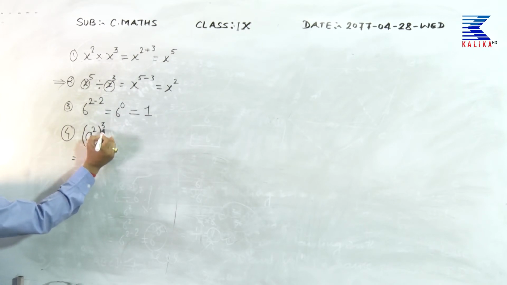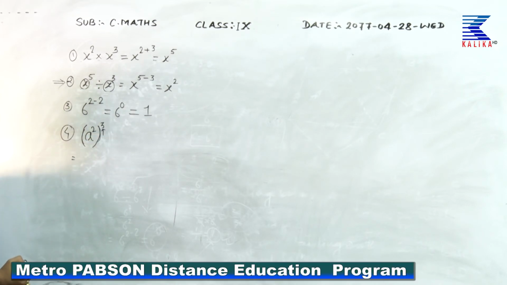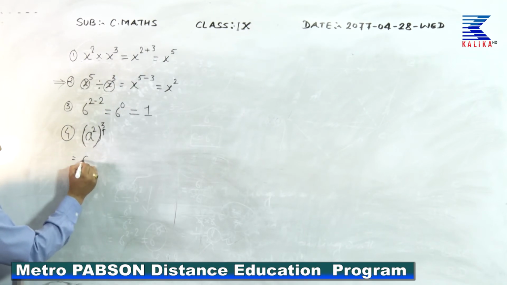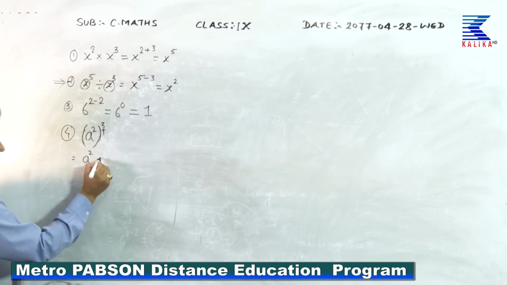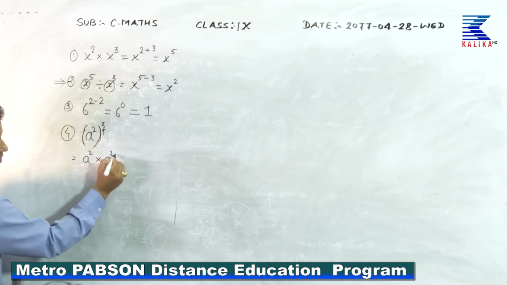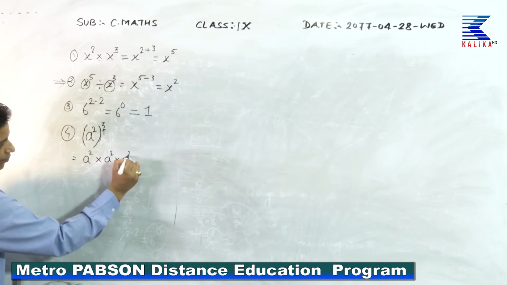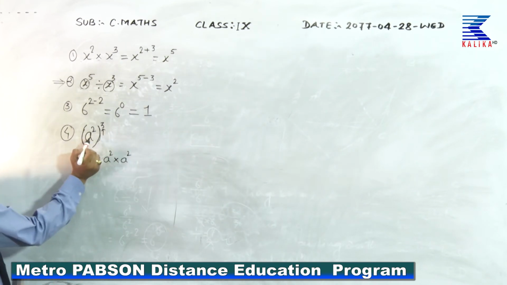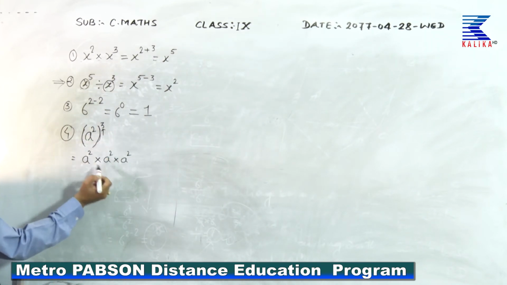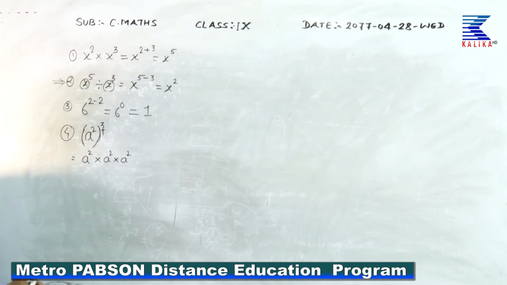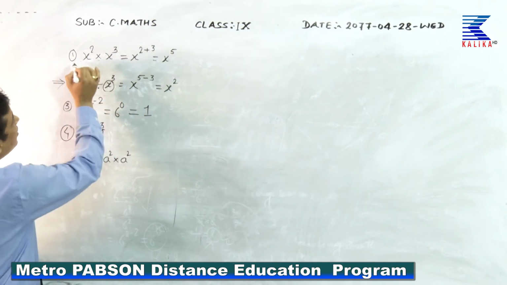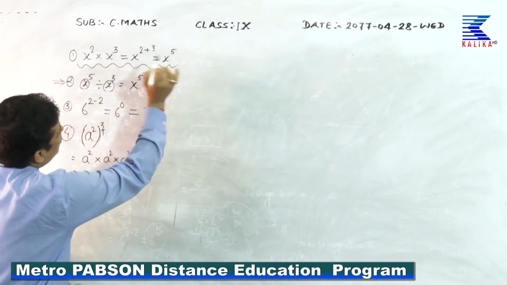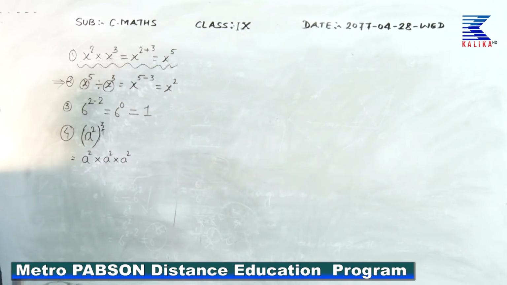This power 3 means what? Can you guess? It means a square 3 times. You know it well. This is the cube of a square, it means 3 times a square. And if you use the laws of indices, my dear student, you can get the result.